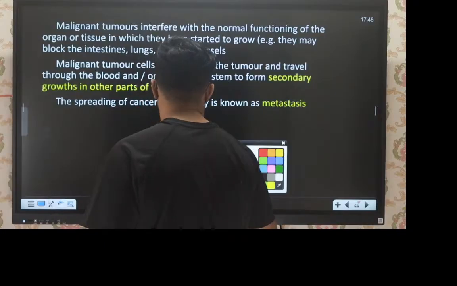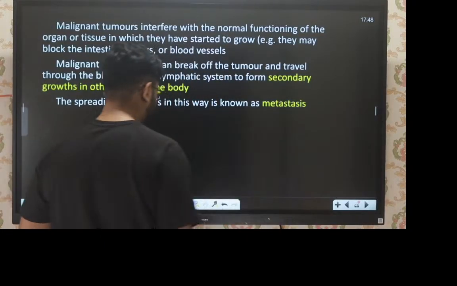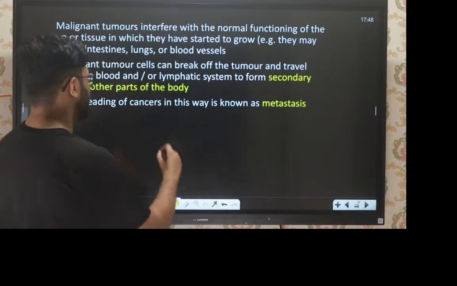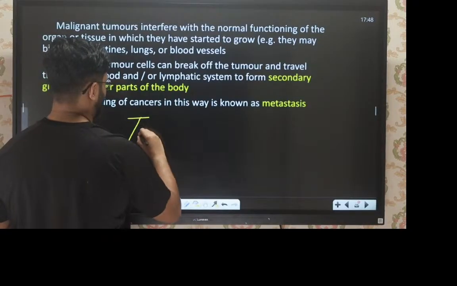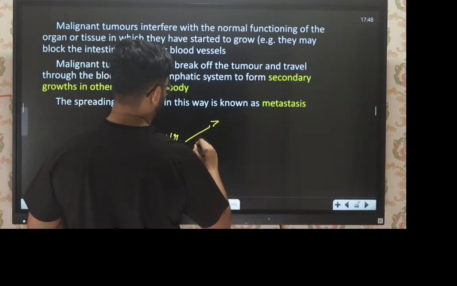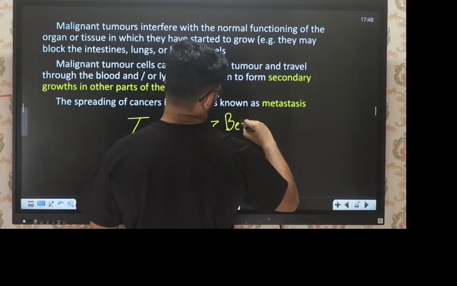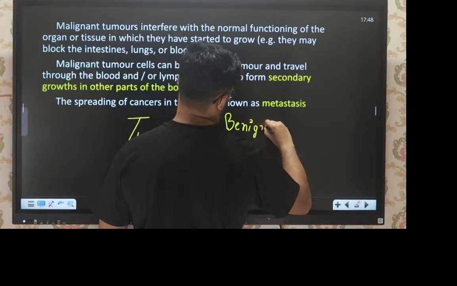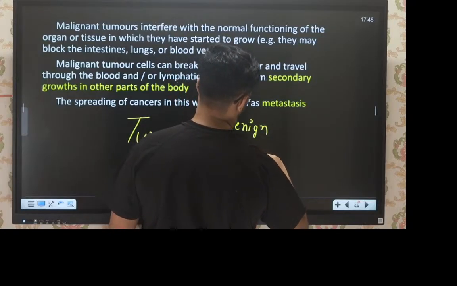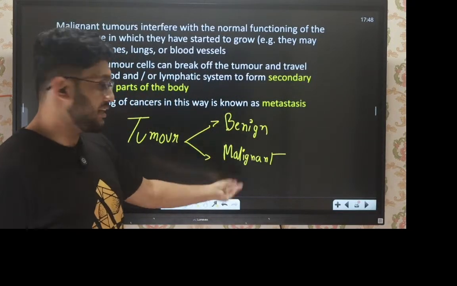Now you might be wondering, are all tumors bad, or are all tumors cancers? No, tumors can be characterized into two types: benign and malignant. Benign is a tumor, malignant is also a tumor.